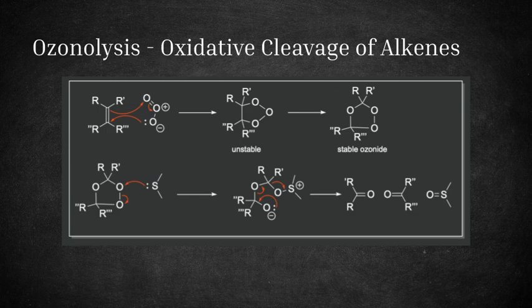This process releases dimethyl sulfoxide, DMSO, as a byproduct and generates two carbonyl compounds. In this reaction, the reducing agent, dimethyl sulfide, is oxidized to form dimethyl sulfoxide, while the ozonide intermediate is reduced, yielding the two carbonyl compounds as the final products. This illustrates the dual redox nature of the process, where the alkene is cleaved and functionalized in a controlled manner.